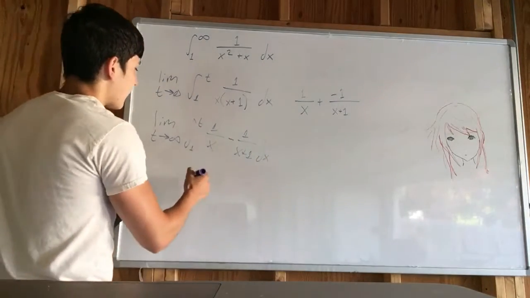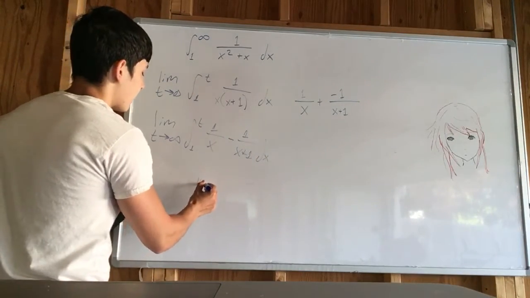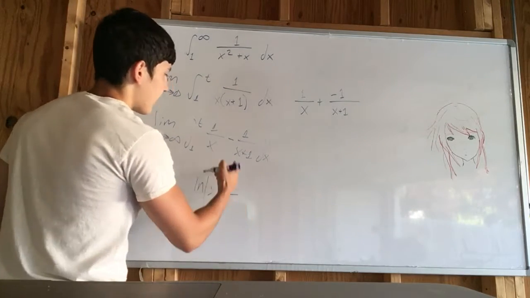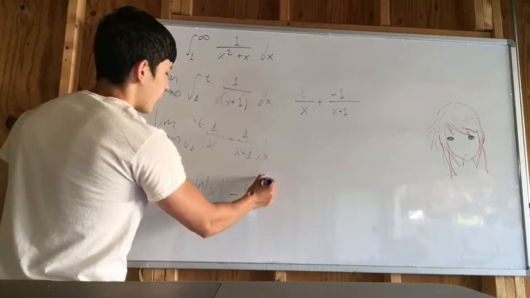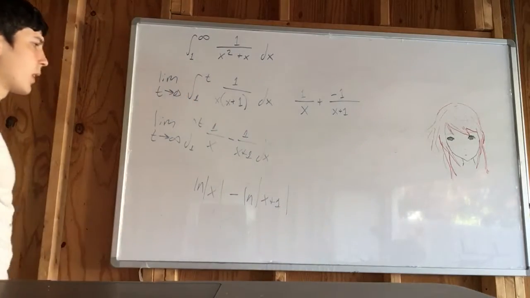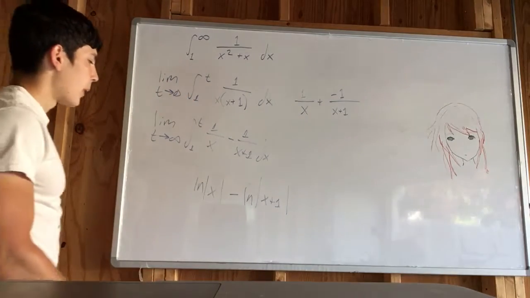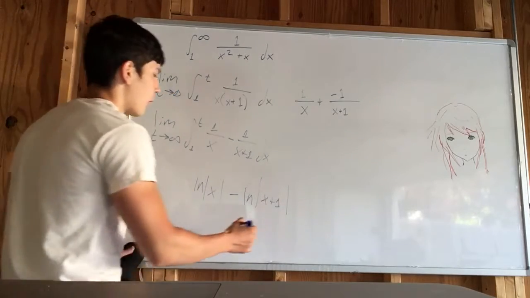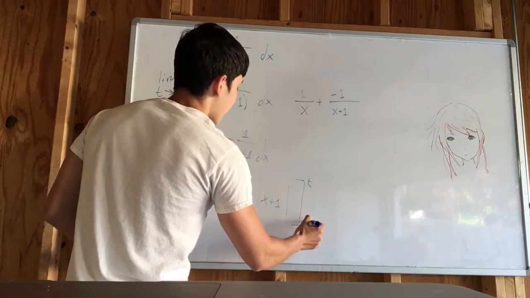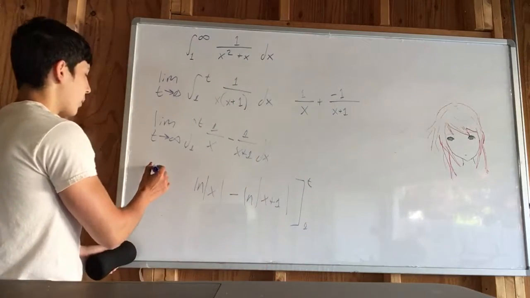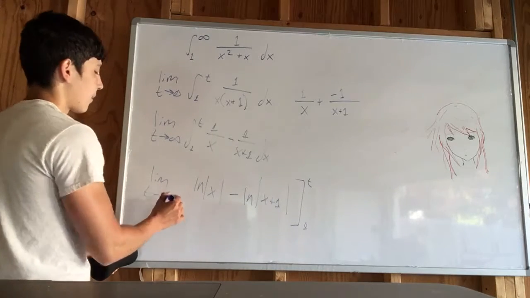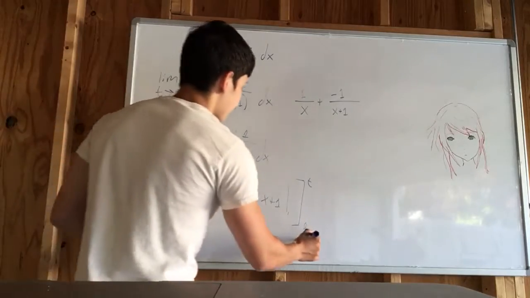So what do we get when we integrate this part? We get the natural log of the absolute value of x. Over here we get the subtraction of the natural log of the absolute value of x plus 1. And remember, for both of these, we're going from 1 to t, and we have the limit as t approaches infinity for this entire thing.